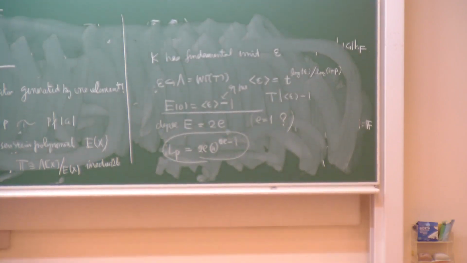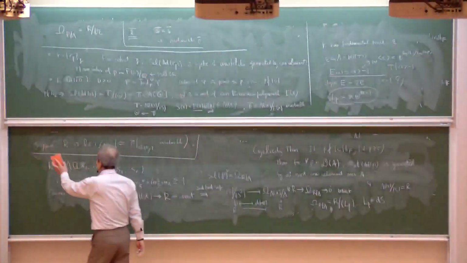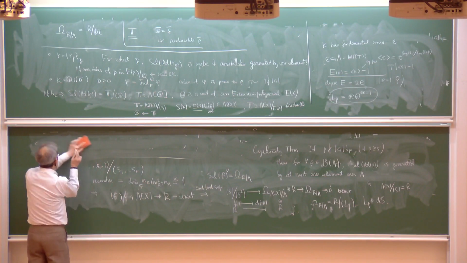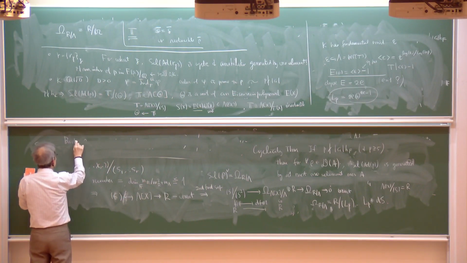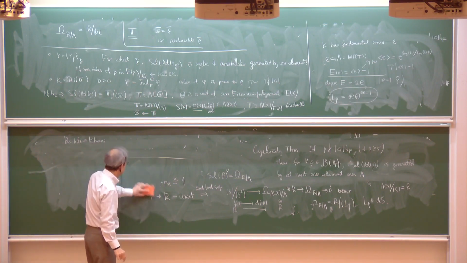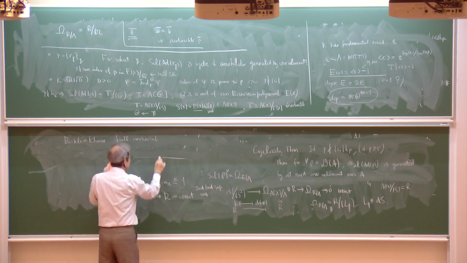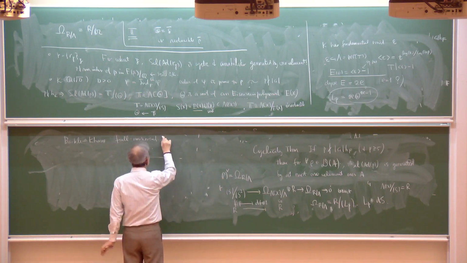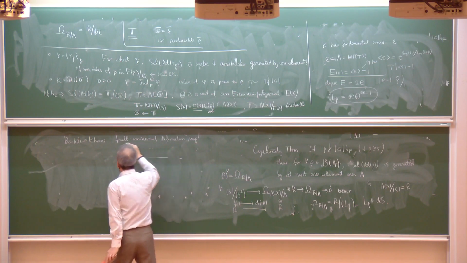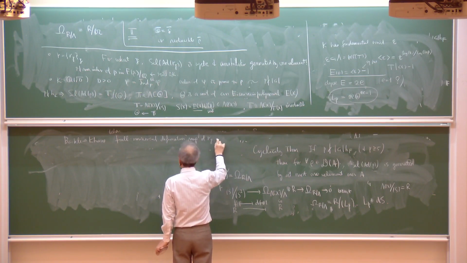Now the last question is the question of Böckle-Carré, asked that when a full universal deformation ring of rho-p is regular.